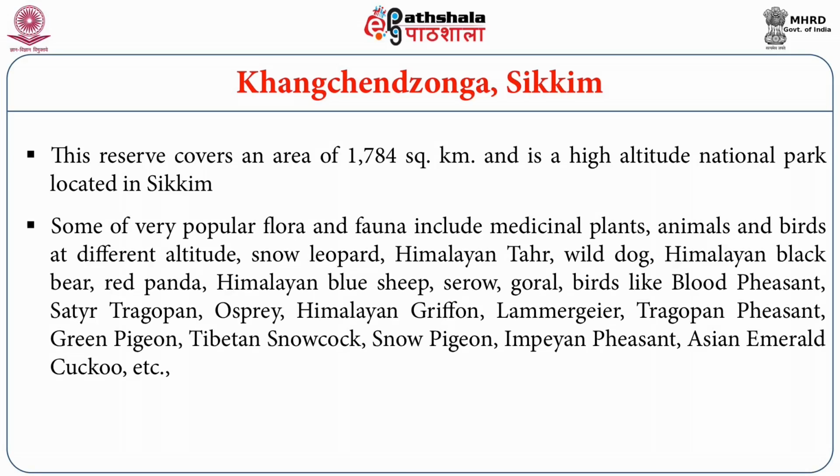Some of the very popular flora and fauna include medicinal plants, animals and birds at different altitudes, snow leopard, Himalayan tiger, wild dog, Himalayan black bear, red panda, Himalayan blue sheep, serow, goral, birds like blood pheasant, satyr tragopan, osprey, Himalayan griffon, lammergeier, tragopan, pheasant, green pigeon, Tibetan snowcock, snow pigeon, Empyrean pheasant, Asian emerald cuckoo, etc.